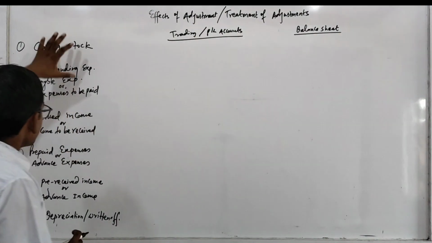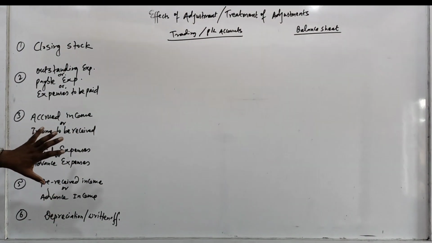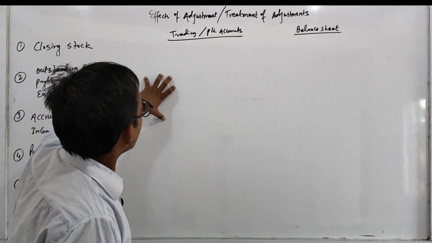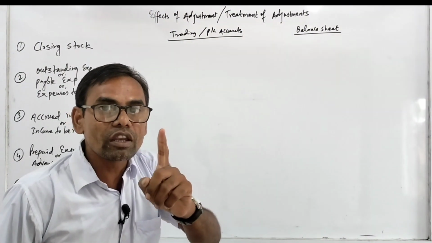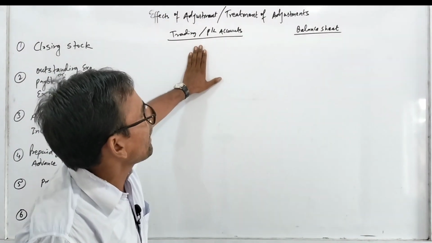Any adjustment should be recorded in either trading or P&L account, only one of the two, and the balance sheet.